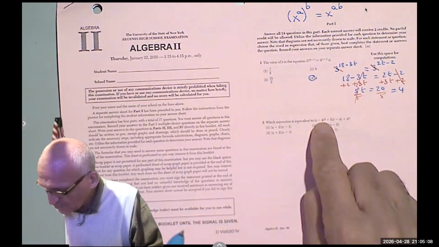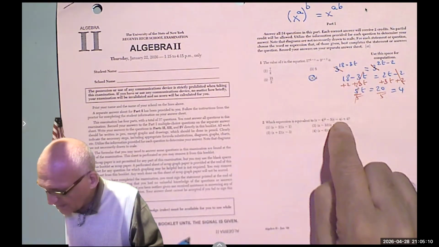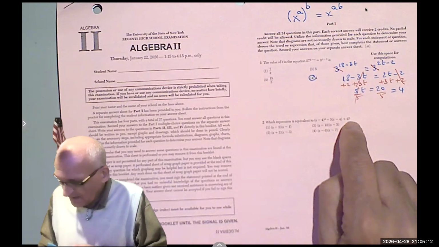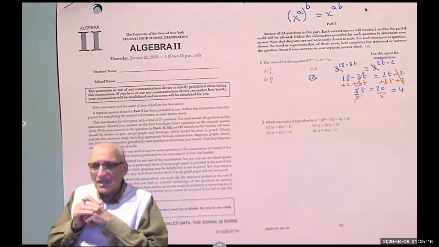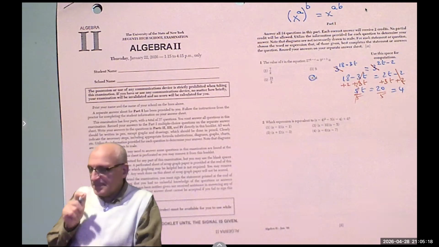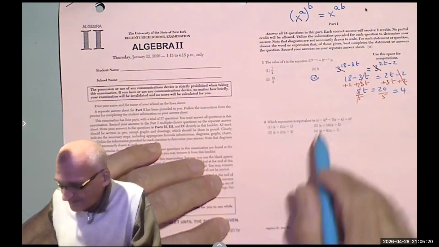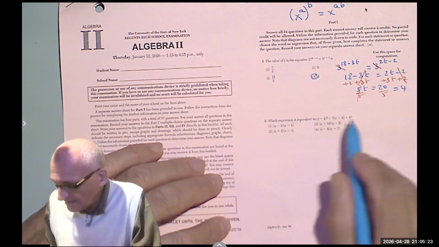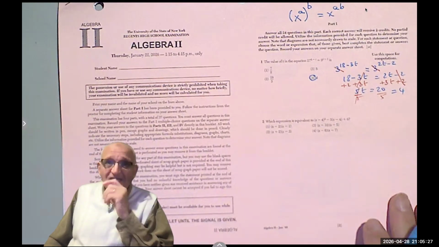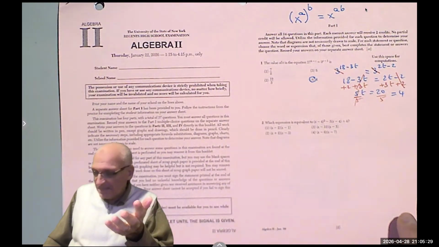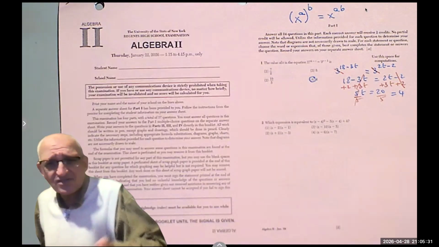x minus 4 squared minus 5 times x minus 4 plus 6, and you want to simplify this expression. Don't, and I repeat, don't expand x minus 4 squared and distribute the 5. That would be terrible. Instead of factoring x, factor x minus 4.